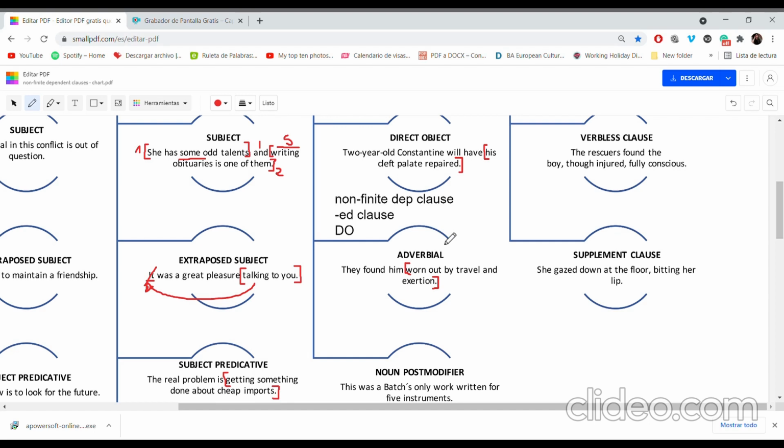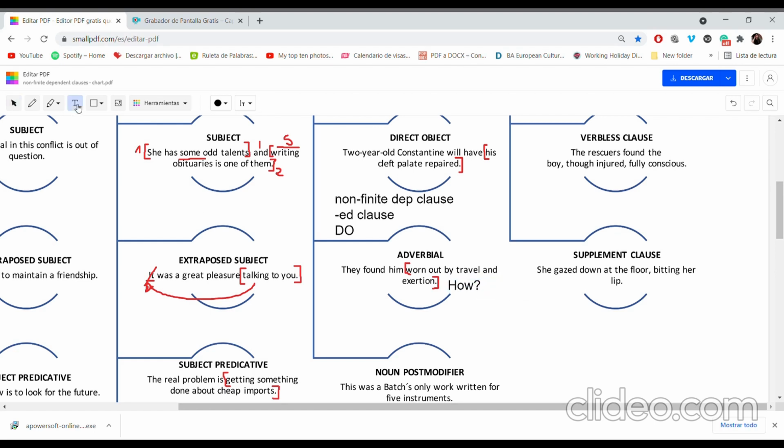In this case, this ed clause gives us information related to the way this person was found. So this is also a manner adverbial, as in the previous example.